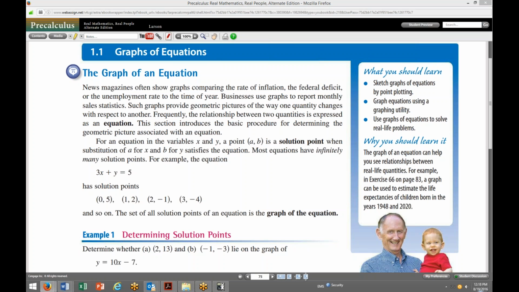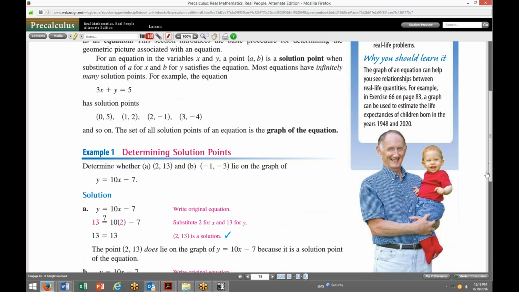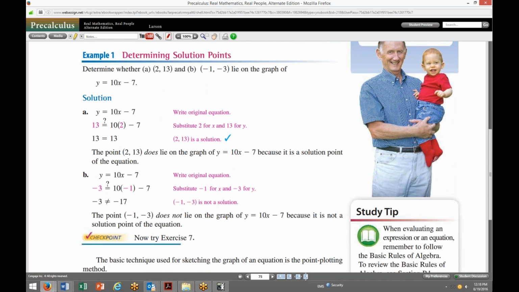Now you're going to have some homework problems starting off this section where you simply have to verify whether or not a particular ordered pair represents a solution point for the equation. This first example in this section illustrates this.